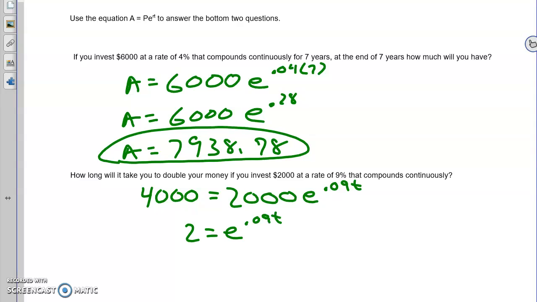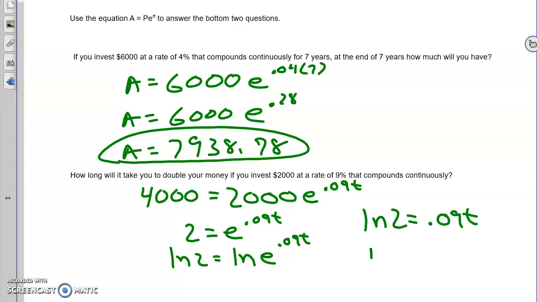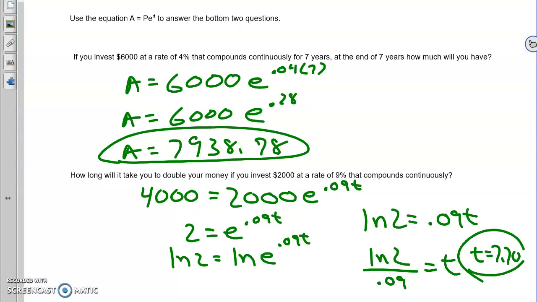And once again, when we're using e to solve for a variable, we need natural logs. ln 2 equals ln e^(0.09t), which means ln 2 is going to equal 0.09t. And then ln 2 divided by 0.09 is equal to my t. And my t would be 7.7 years. So it would take somewhere between 7 and 8 years to double that investment.